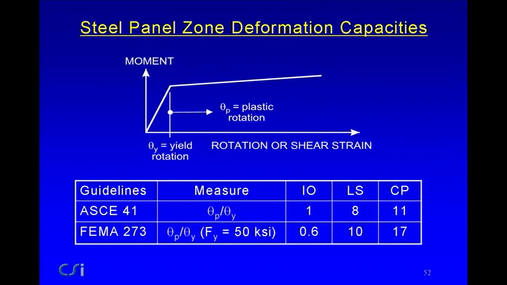These are pretty big differences. I don't know why these differences occurred, but it indicates this is a highly inexact science, because FEMA 273 is not that old. But somewhere between 273 and ASCE 41, somebody decided it was necessary to reduce the capacities by more than a third. So it's a pretty inexact process.